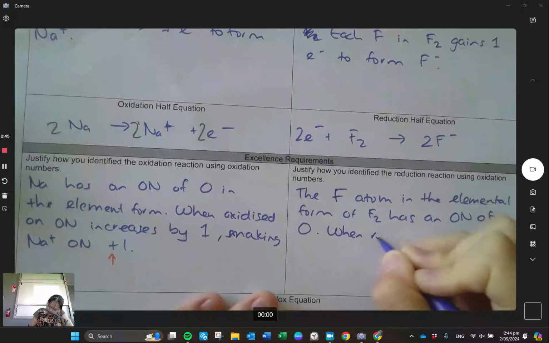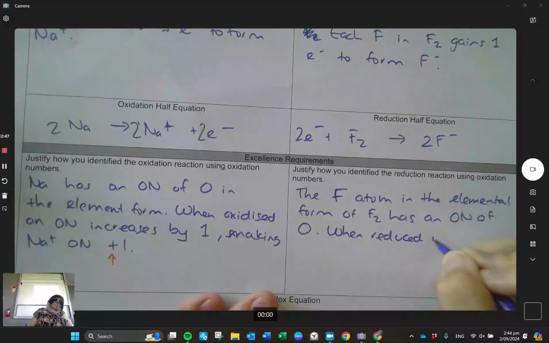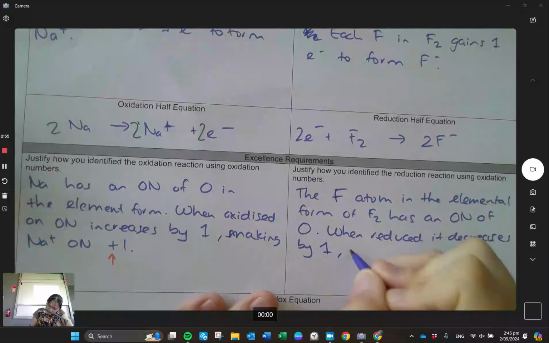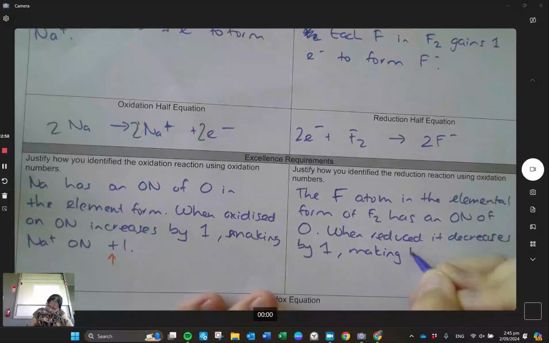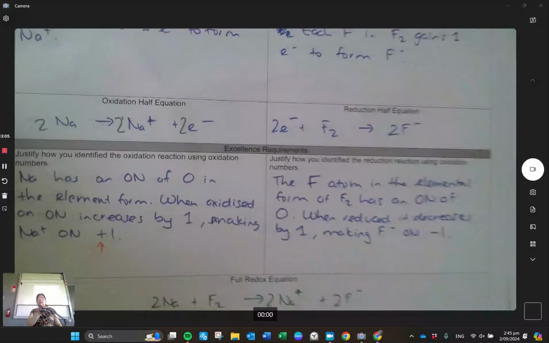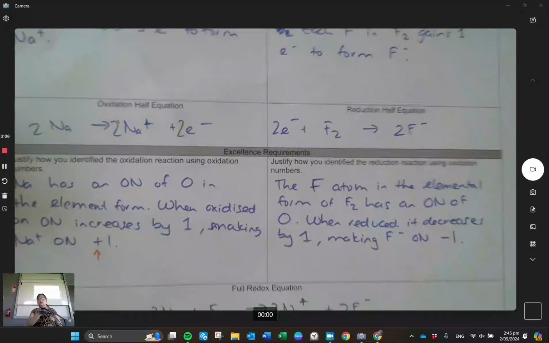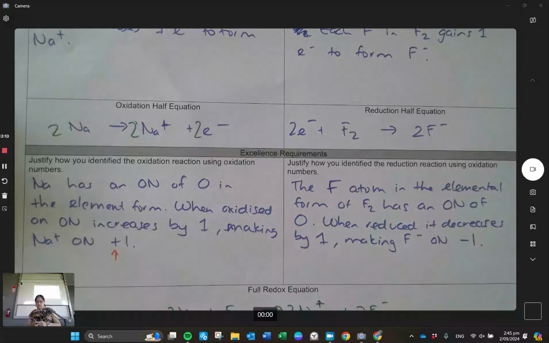When reduced, it decreases by 1, making F- ON -1. So just 2 chances to show the same information. Questions, concerns, or comments? All right, I'll leave that up so you guys can copy that.